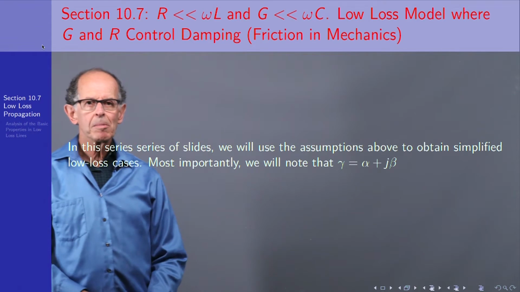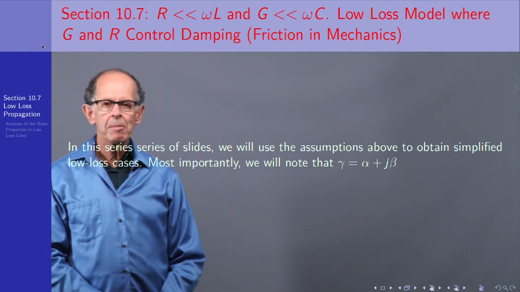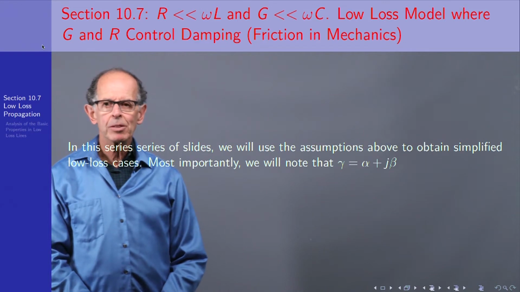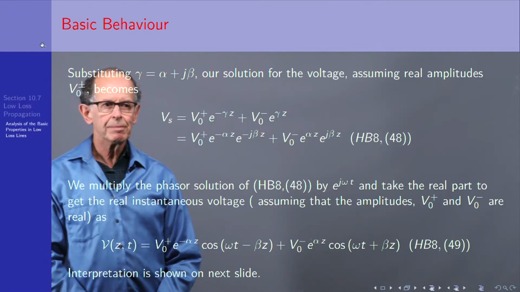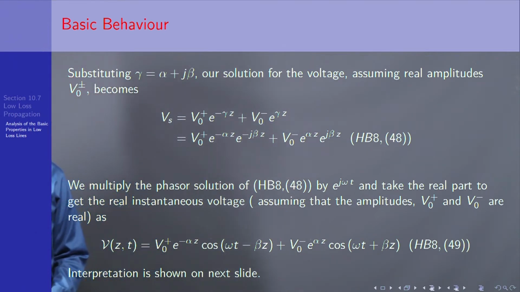So let's look at the math a little more in the next slide, remembering that gamma is equal to alpha plus j beta. All right, let me step out away here. You don't have to see my beautiful face for the moment. Substituting gamma equals alpha plus j beta in our solution, which you see in the first line, gives me the second line, which is HB8, Hayt-Buck, 8th edition, number 48.